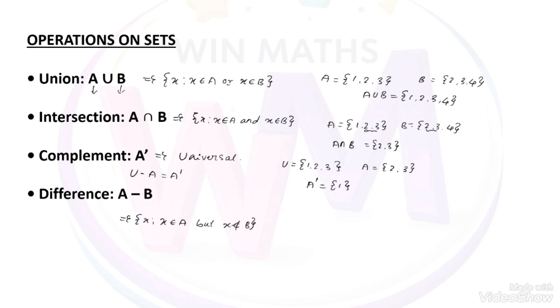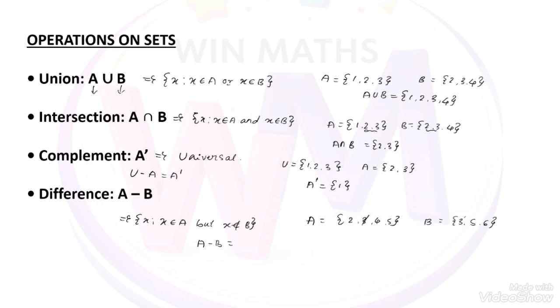Considering the example, A is equal to 2, 3, 4 and 5 and B is equal to 3, 5, 6. Difference A minus B can be taken as the elements which are present in A but not in B. First we neglect the common elements.